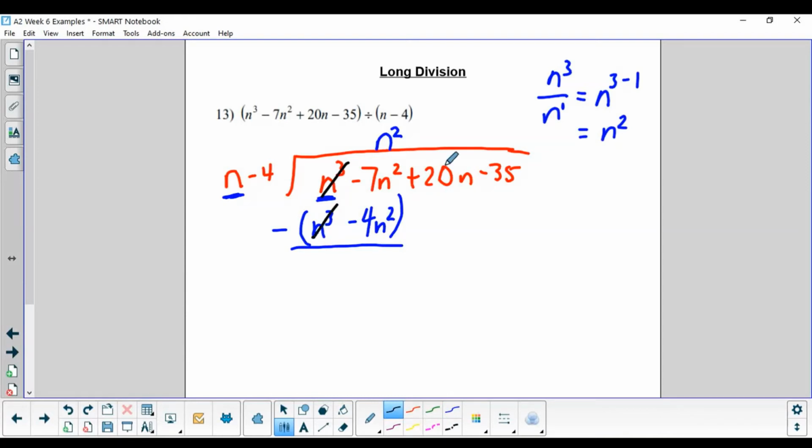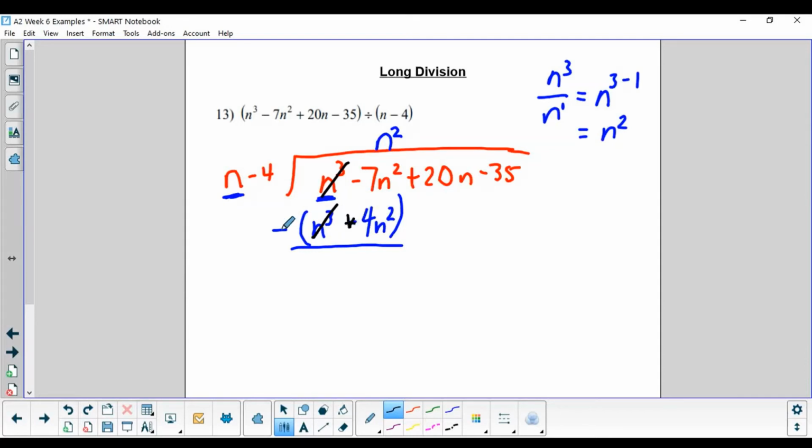So that was the whole point of doing this little division off to the side, it helped me determine what I needed to multiply n by to get n to the power of 3. And then last, -7n squared minus -4n squared. Remember, here's a double negative, so it's like a plus.